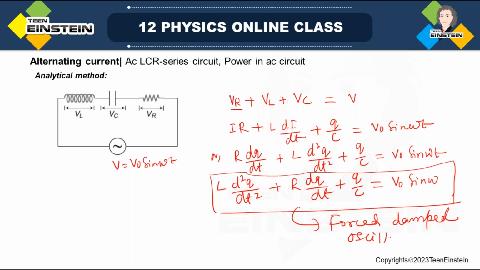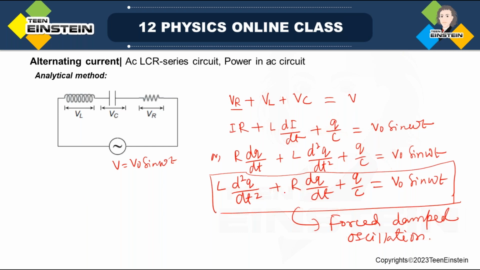Now we have to solve this equation to find out what is current. We will solve for q, then we will take the time derivative of q so that we get the current.